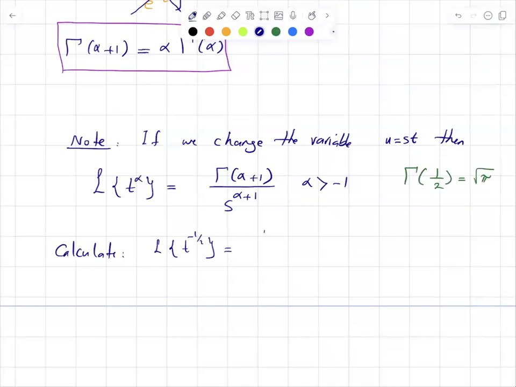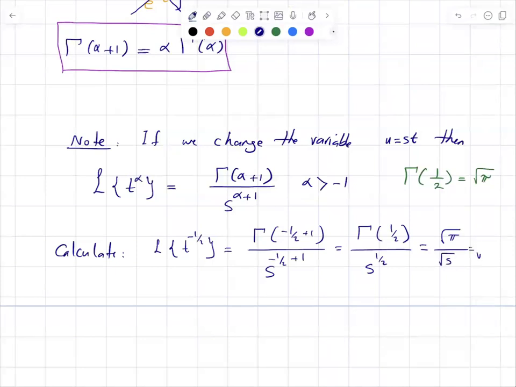This can be written as the gamma of negative a half plus 1 divided by s to power negative a half plus 1. So on the numerator, you get gamma of a half divided by s to power a half, or you get square root of pi divided by square root of s. So you have square root of pi over s.